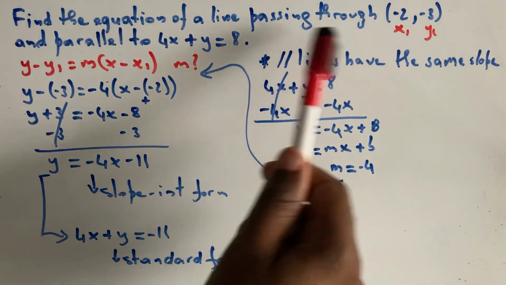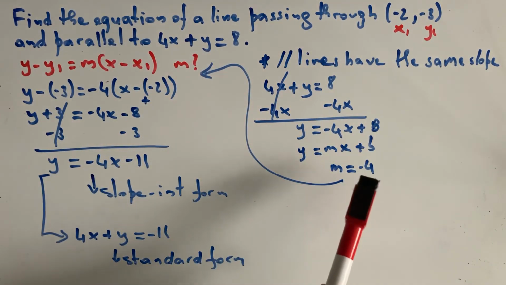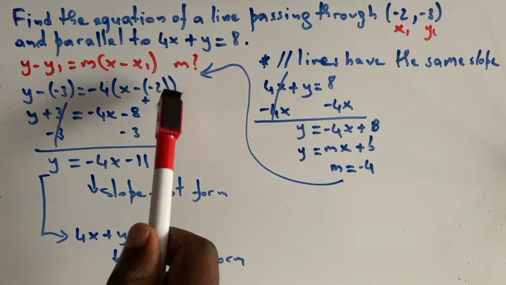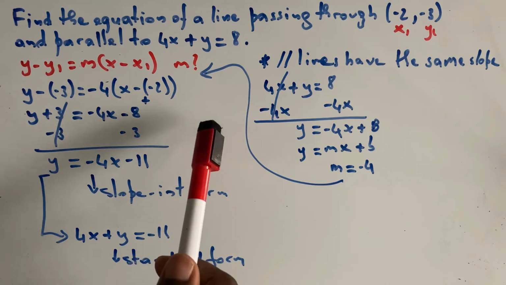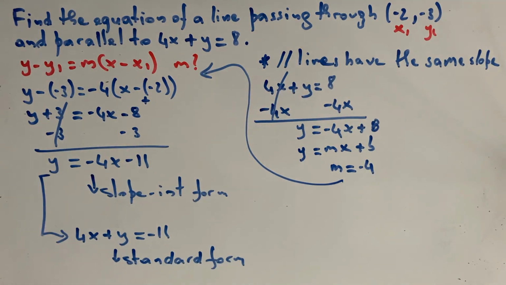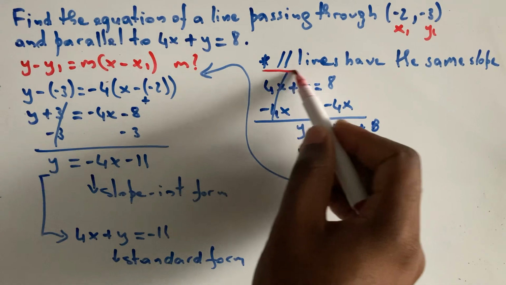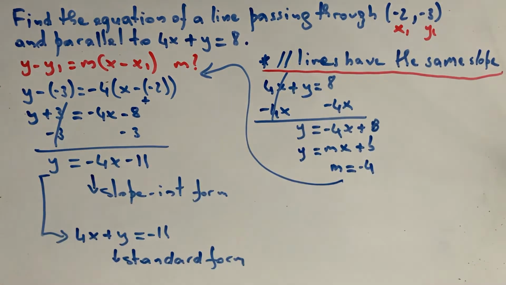If you know the line you need is parallel to another line, you just need to find the slope of that other line and use it for the line you need, because parallel lines have the same slope. Then you need to know the point-slope formula, and it's pretty easy to solve. Thank you. Hope you understand.